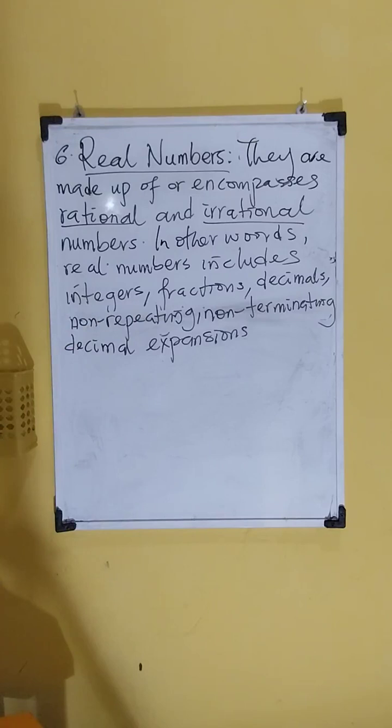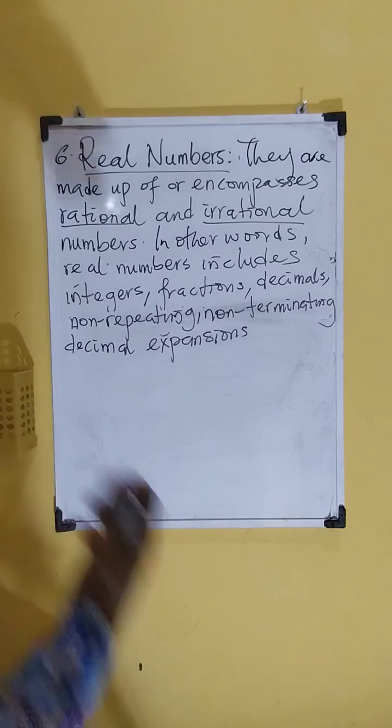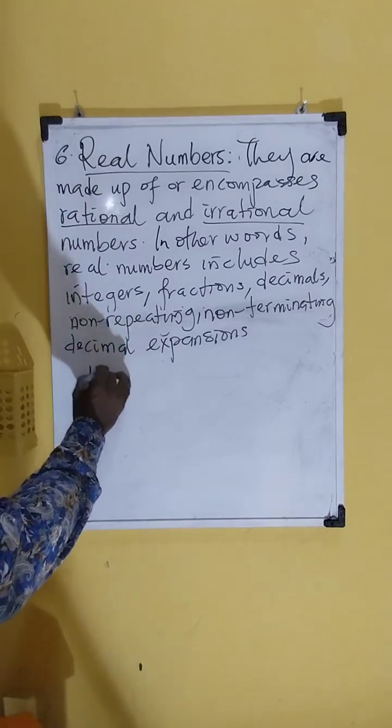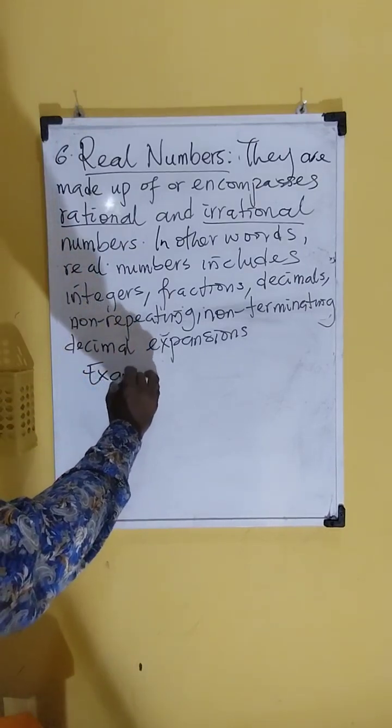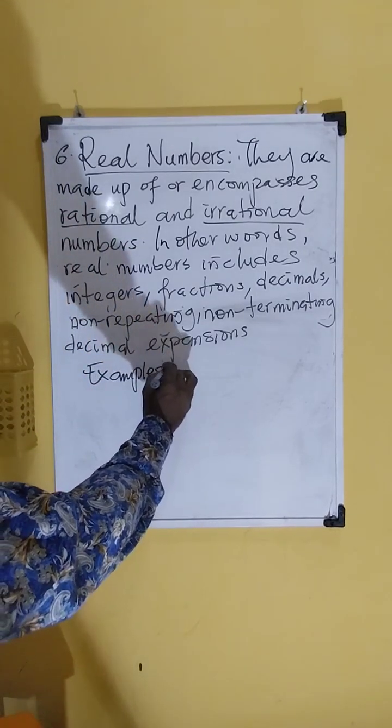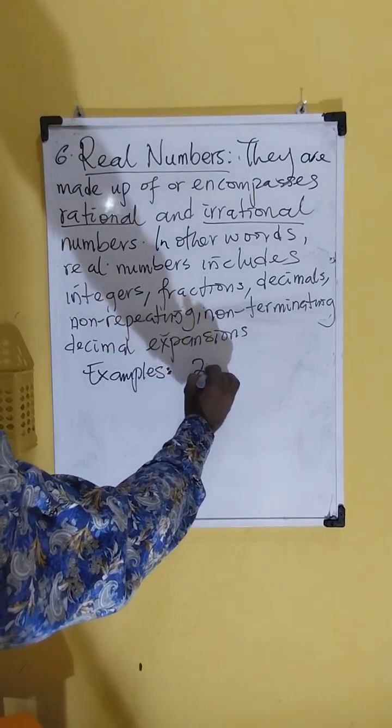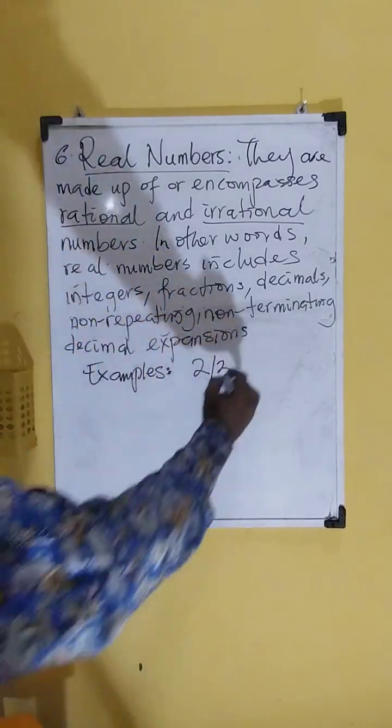So real numbers are made up of both sides. So it can either be a fraction, it can also not be a fraction. That's what it means. So let's take some examples. Examples of real numbers. We have 2/3. This is a fraction.